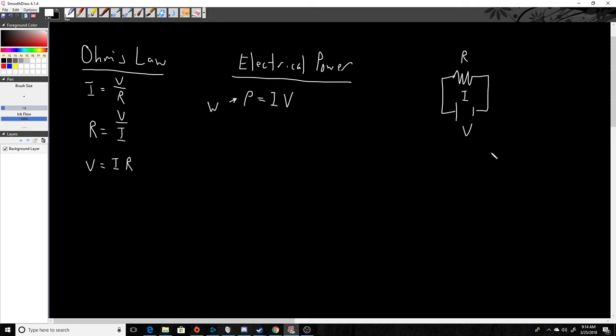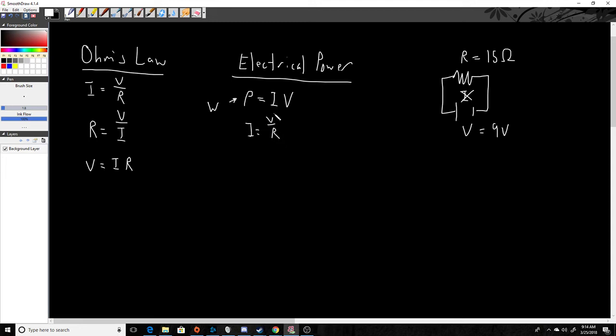So let's say, for instance, resistance R is equal to 15 ohms and the voltage is 9 volts. Right now I don't know current. So with this circuit, I don't know how to solve for power, because I don't have I. According to Ohm's law, current is equal to voltage over resistance, okay?